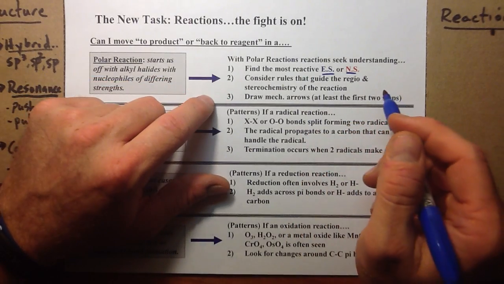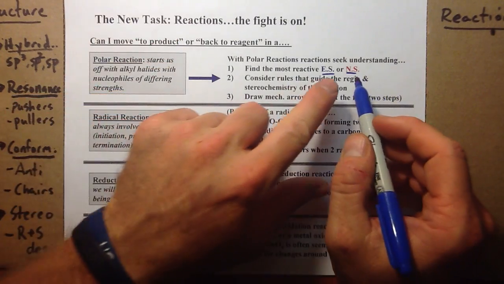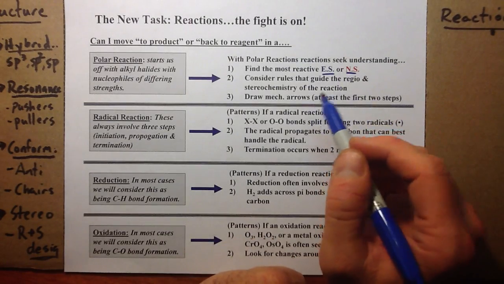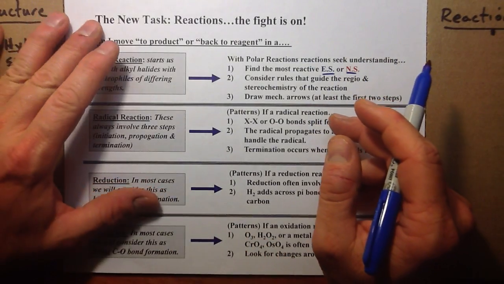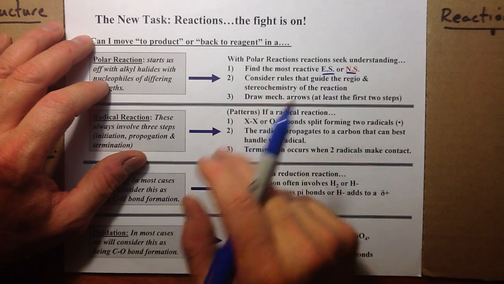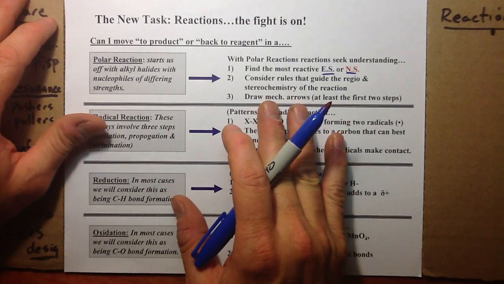And then we'll draw mechanistic arrows according to what makes sense, considering the Es and the Nus. We need to make sure we find those before we draw arrows showing the transfer of electrons. That's going to be the fundamental, I guess, 3 steps or rules you should take whenever you're trying to solve a polar reaction problem.